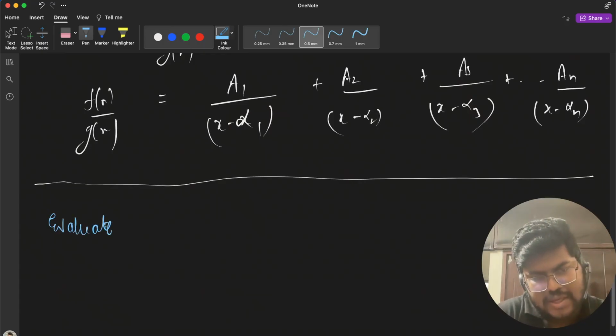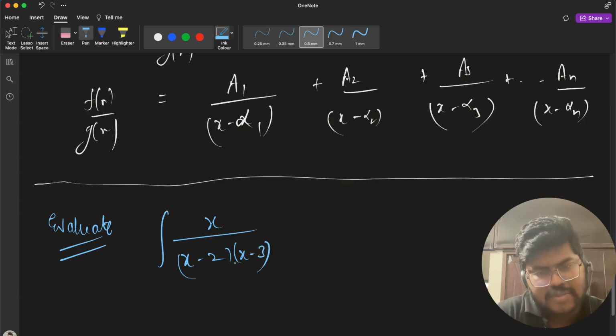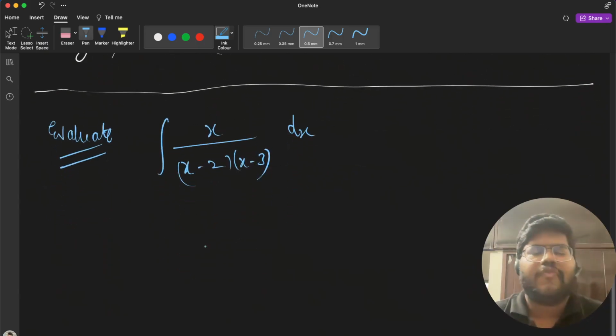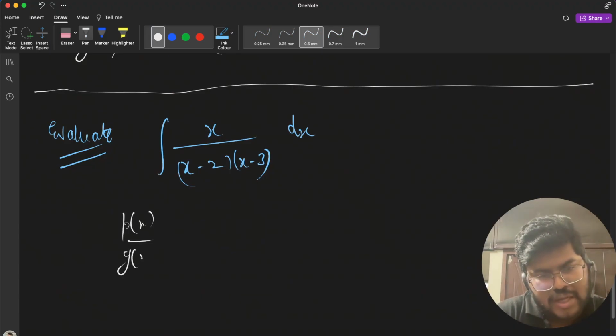Let us see: evaluate the integral of x upon (x minus 2) times (x minus 3) dx. First of all, try to compare it with the p(x) upon g(x) form.